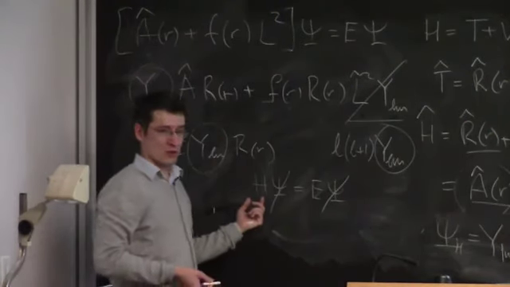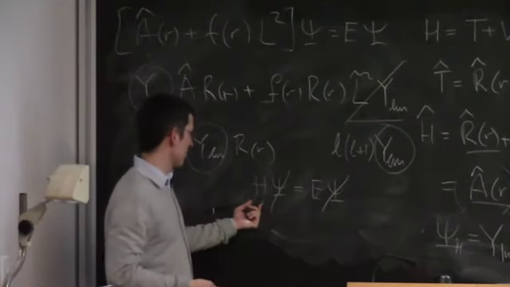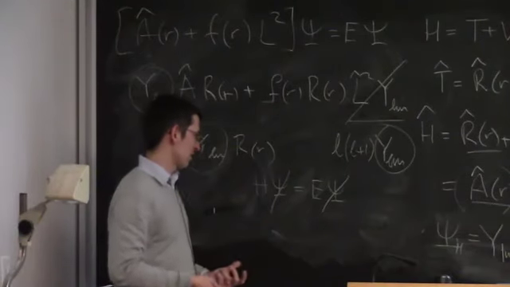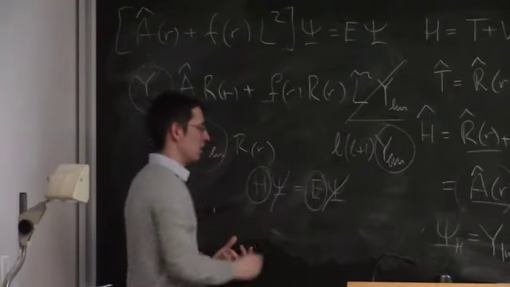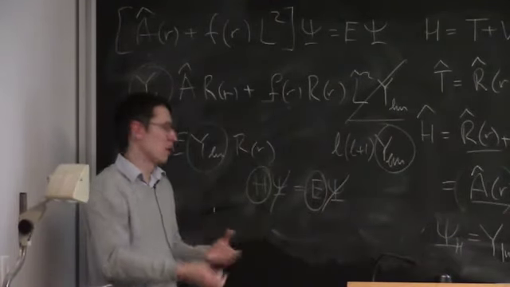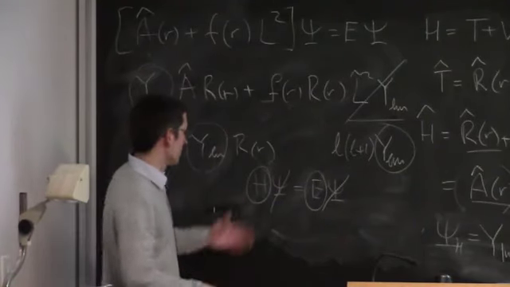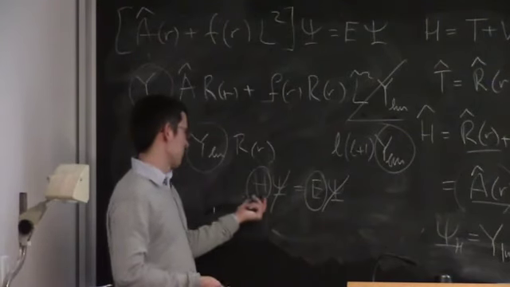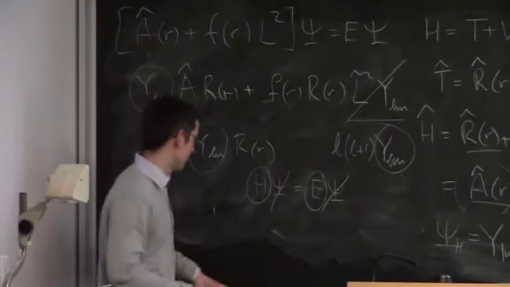Because, well, Hamiltonian is an operator, and after taking this course, I hope you all understand that. So it modifies the function, and what is said here is non-trivial because the action of H is different than the action of E. E is just multiplying by a number, H is differentiating, multiplying by some other function, so you cannot just divide by psi, otherwise you're going to get the operator equals a number, which is clearly wrong.